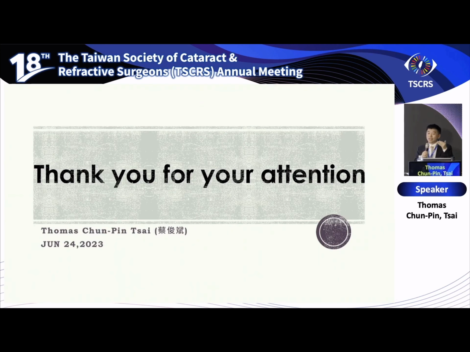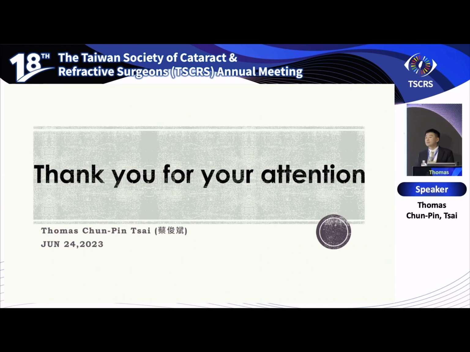And sometimes we have many optical biometries. The difference between the biometries in meridian should be less than 15 degrees, and the power should be less than 0.75 diopter. If you follow these rules, I think you can benefit from a toric IOL.